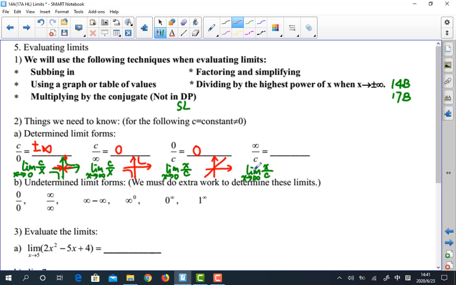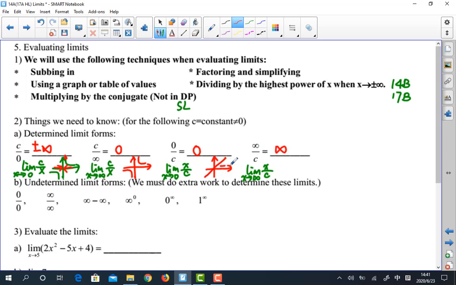The last of the determined forms is the limit of x over c when x approaches infinity. So sub infinity in for x, that's called the infinity over c form. Infinity, positive infinity or negative infinity, divided by c. Don't you think it's always infinity? You still can use this straight line to help you understand why this determined form is infinity.